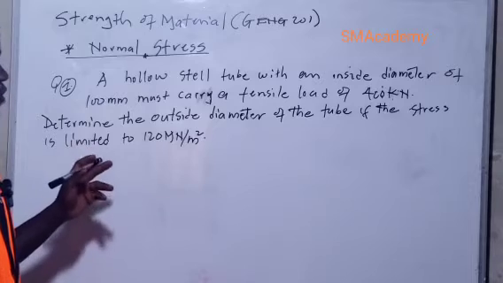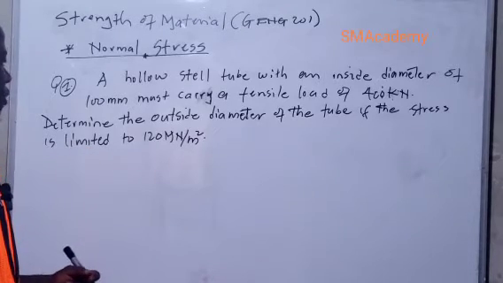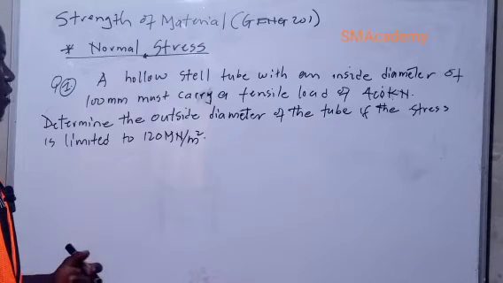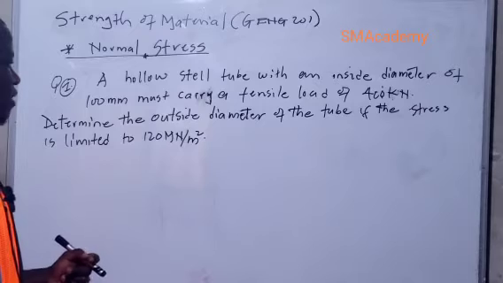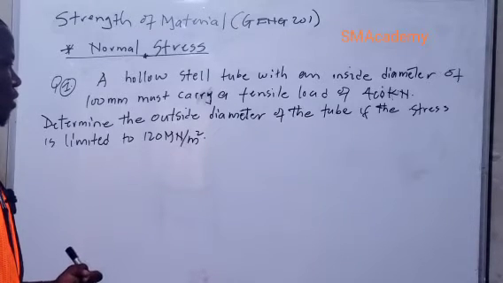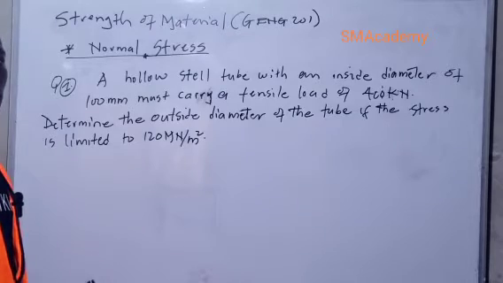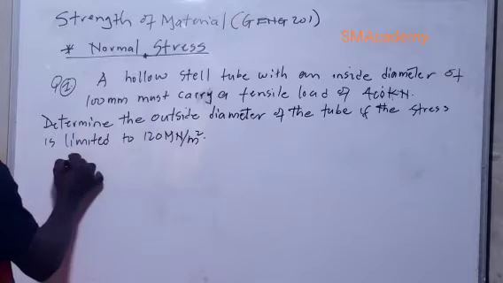It says a hollow steel tube with an inside diameter of 100 mm must carry a tensile load of 400 kN. Determine the outside diameter of the tube if the stress is limited to 120 MN/m². So let us start with our data.